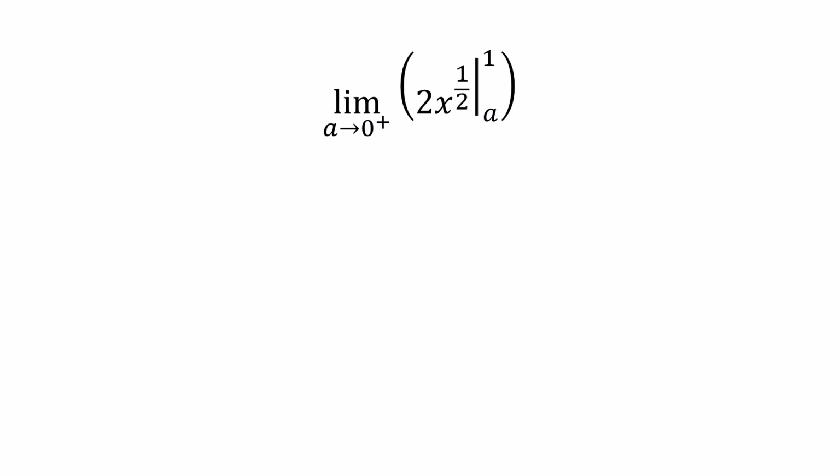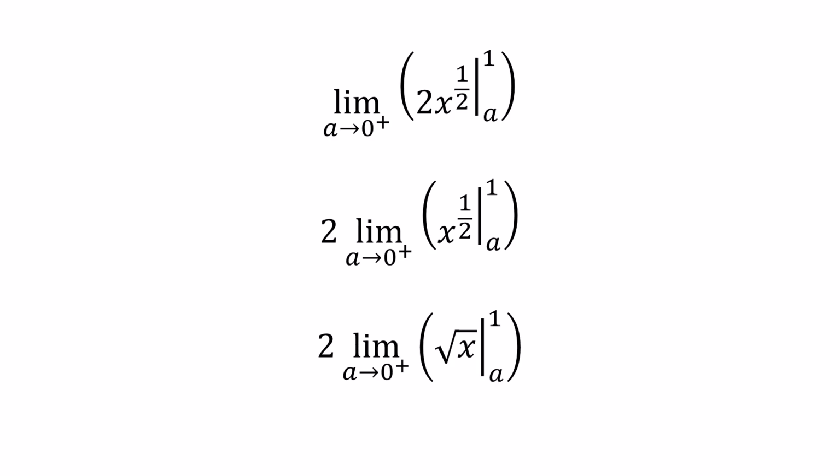Using the constant multiple rule gives 2 times the limit as a approaches 0 plus of x to the 1/2 from a to 1. In terms of roots, this is 2 times the limit as a approaches 0 plus of root x from a to 1.